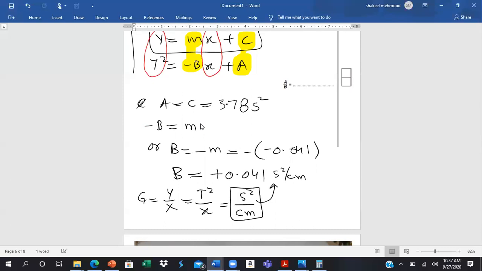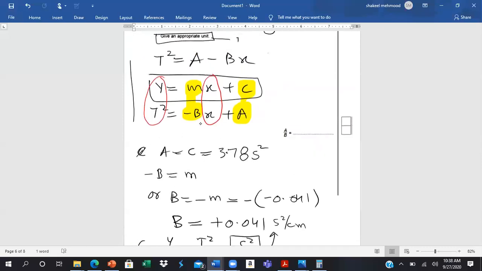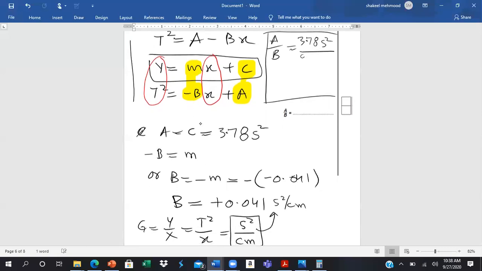Okay, now what you have to do is you have to divide a and b together, right? Let me do it over here. A over b. So beta, what was a? A was 3.78, and its unit is second square. And what was b? That was 0.041, and its unit is second square per centimeter.